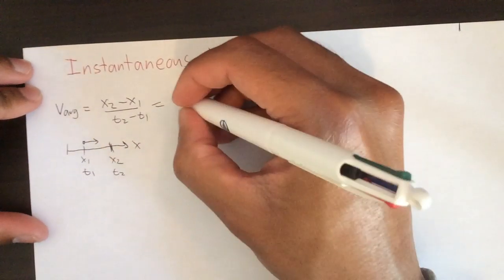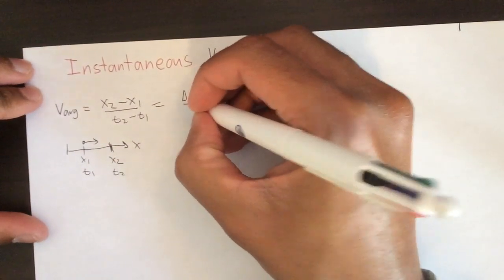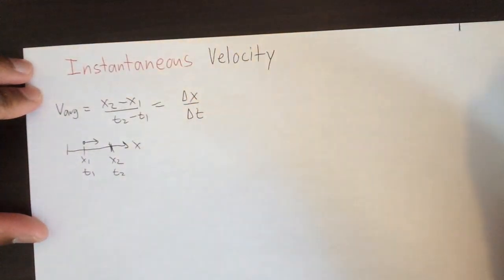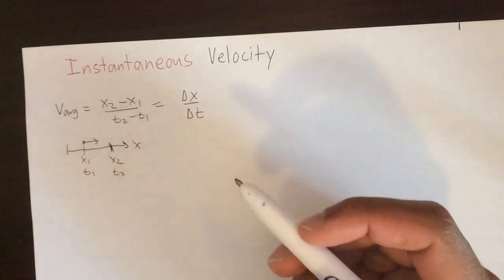And if we use the delta notation, it's delta x over delta t. And we know this is the average velocity.